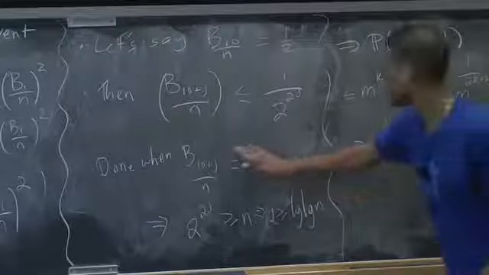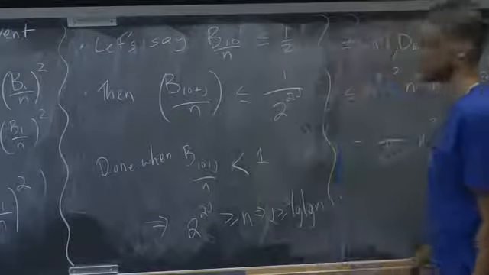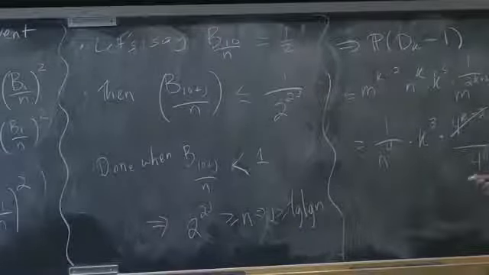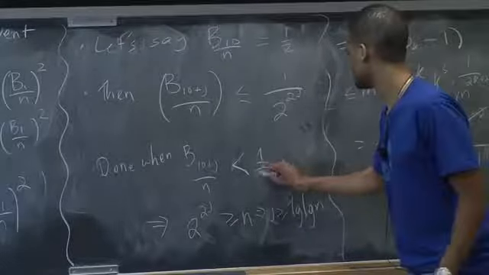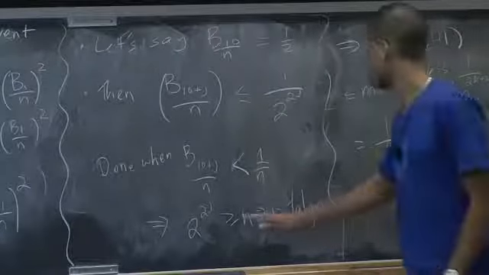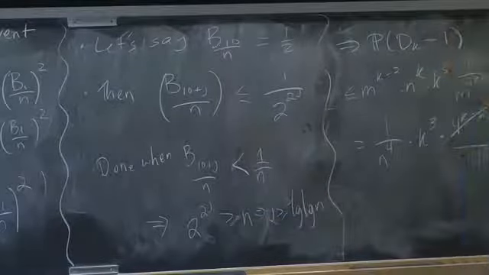Or strictly less than 1. If it's strictly less than 1, that means it's 0. 1 over n. Whoops. So that's where it comes from.